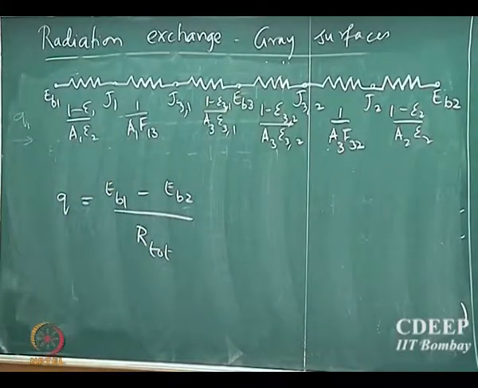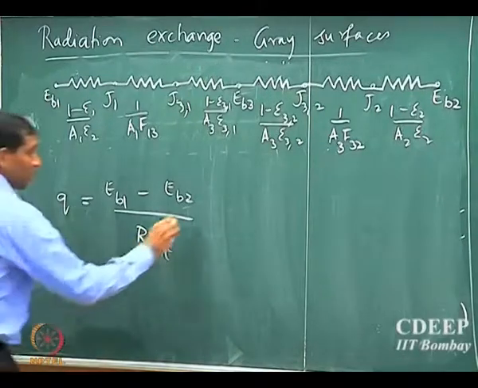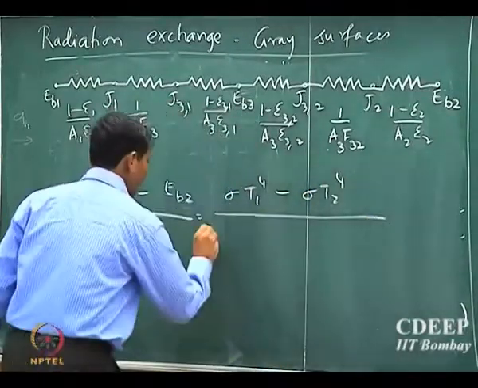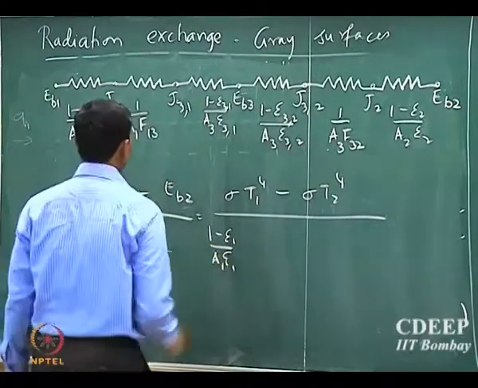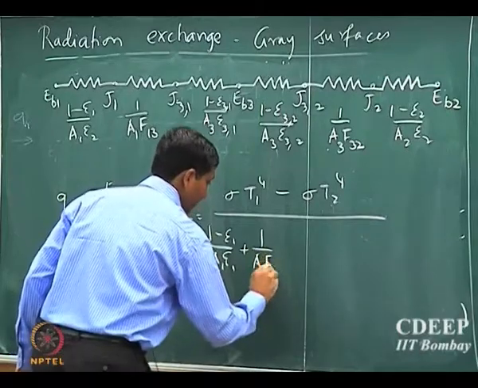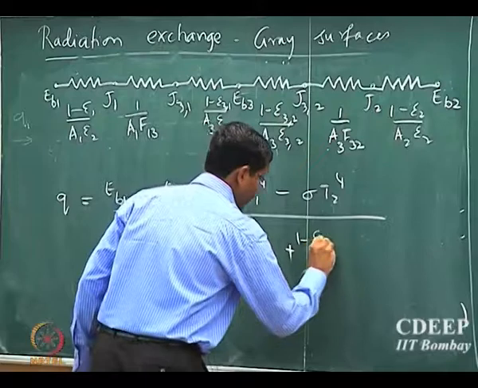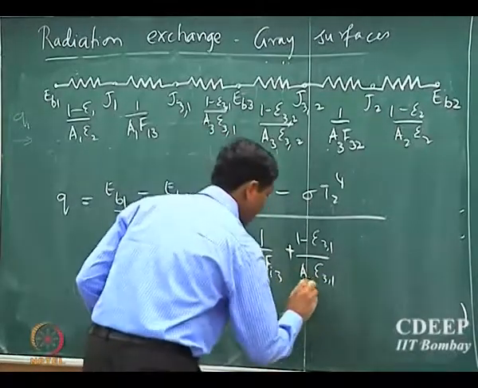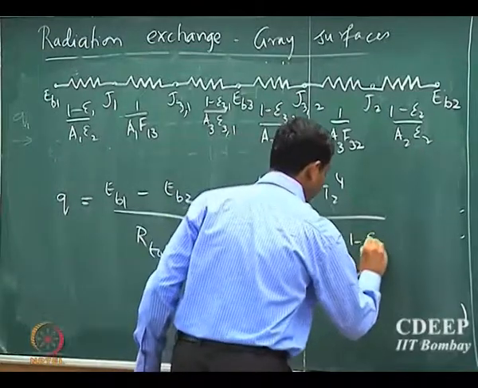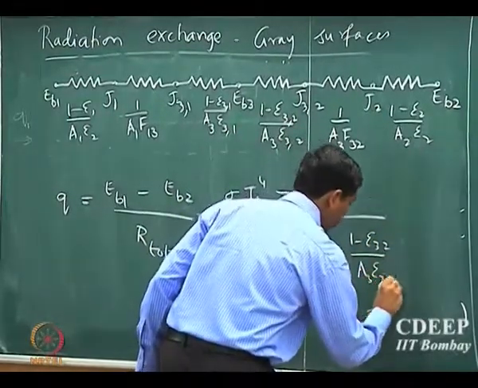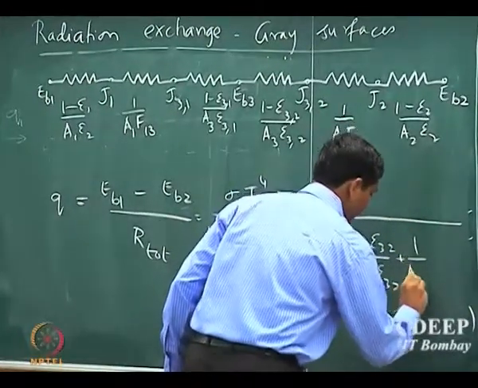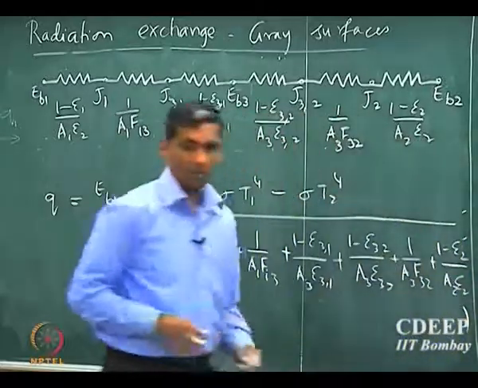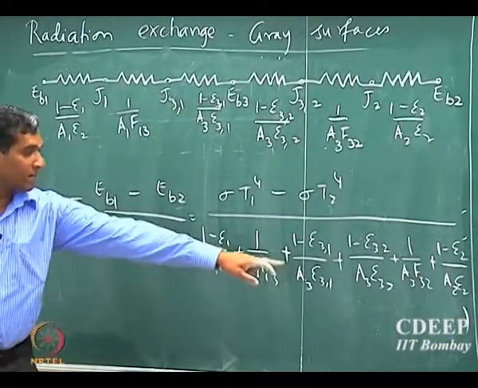If you have the resistances in series, that is the total resistance, and so that will be (sigma T1 to the power of 4 minus sigma T2 to the power of 4) divided by (1 minus epsilon 1) by A1 epsilon 1, plus 1 by A1 F13, plus (1 minus epsilon 31) by A1 epsilon 31, plus (1 minus epsilon 32) by A3 epsilon 32, plus 1 by A3 F32, plus (1 minus epsilon 2) by A2 epsilon 2. Okay. So, what is F13 and F32?